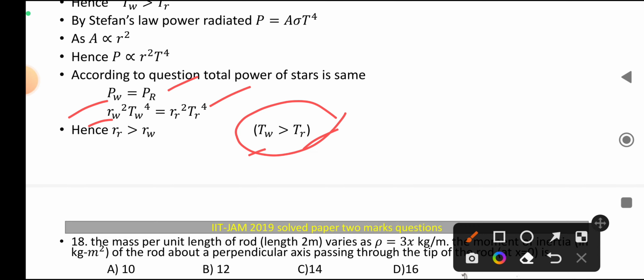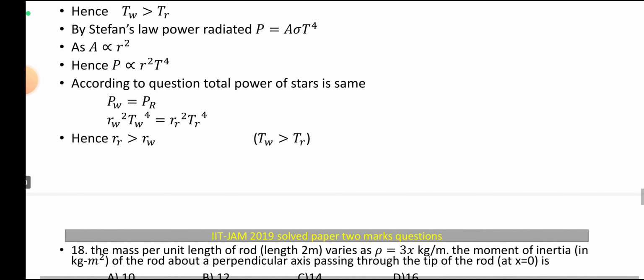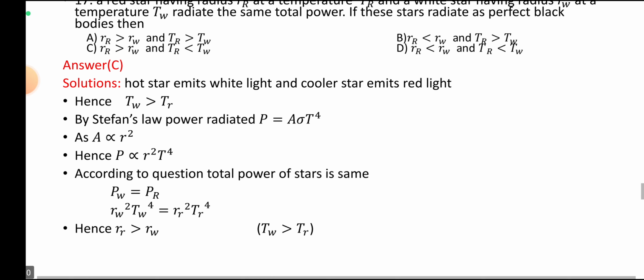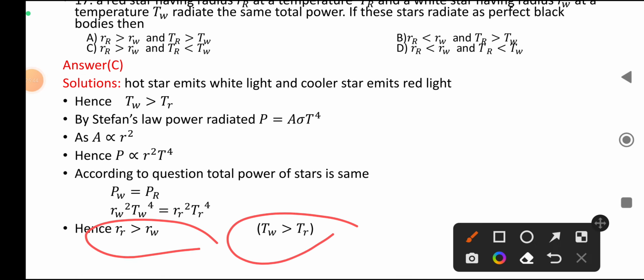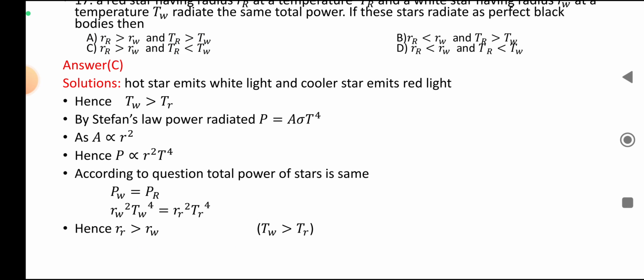So Tw is high, and since their product is equal, Rr is greater than Rw. So Rr is greater than Rw, and Tw is greater. So the answer is C.